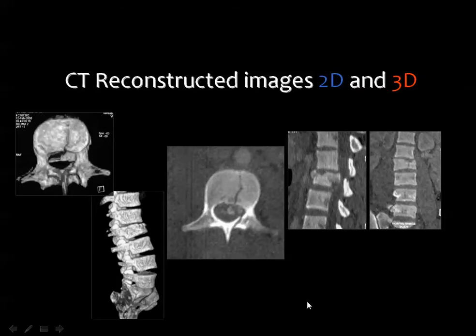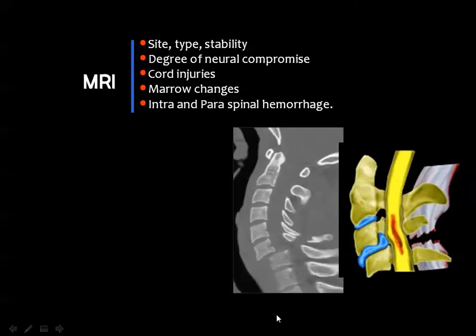Then the 3D and 2D reconstructed images can show the degree of fracture, the posterior displacement of the bone fragments. And in my opinion, the 3D images of the spine are not helpful in the diagnosis compared to the 2D images, particularly the sagittal one.